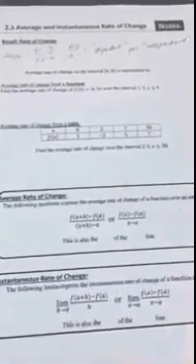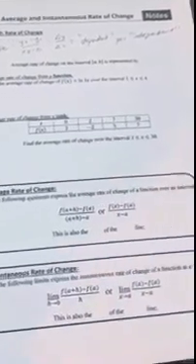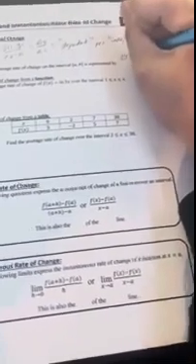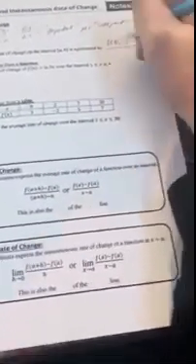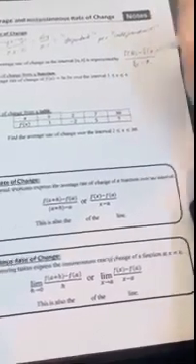The average rate of change on the interval a to b is represented by f of b minus f of a divided by b minus a.